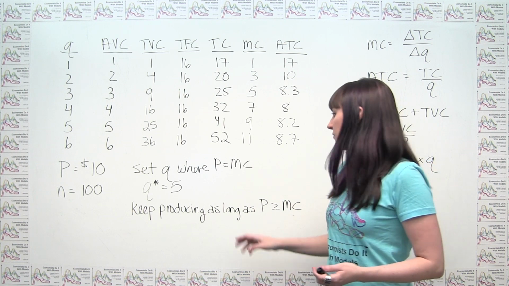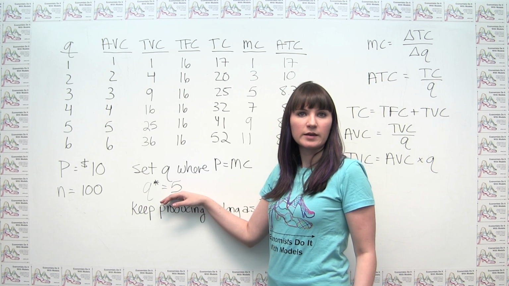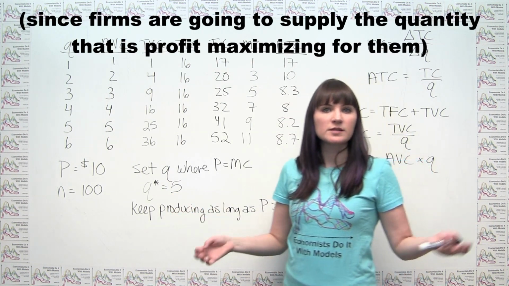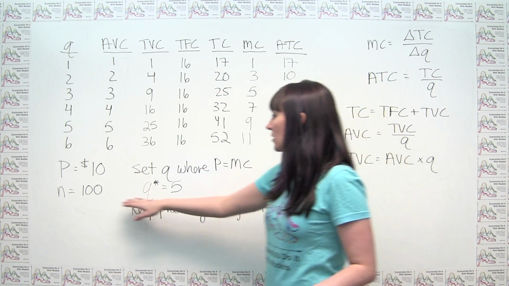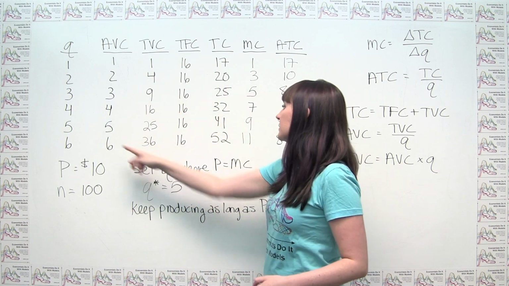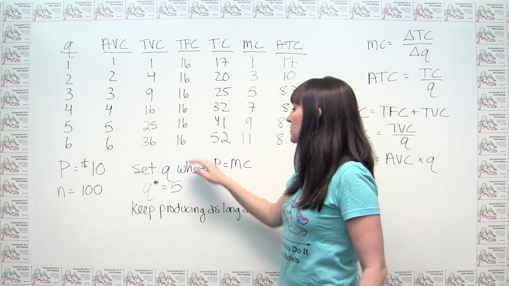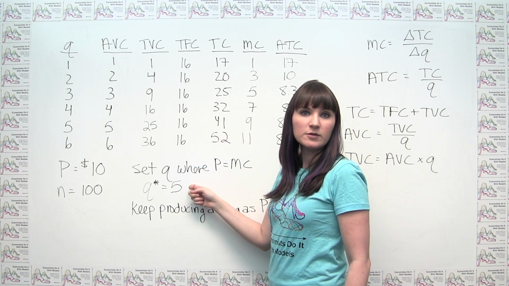So now that we have the amount that an individual firm is going to supply at a price of $10, it's reasonably straightforward to figure out what market supply would be at a price of $10. Because we were told that there are 100 firms and that each of those firms faces this set of costs, each of those firms is going to find it profit maximizing to set a quantity of 5 units.